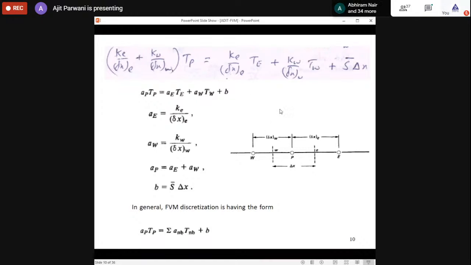If it is a three-dimensional problem, two more terms get added, ATTT and ABTB, that is the top point and the bottom point. So in the general form, we can write the finite volume discretization equation as APTP equal to summation of A neighbor T neighbor plus B.